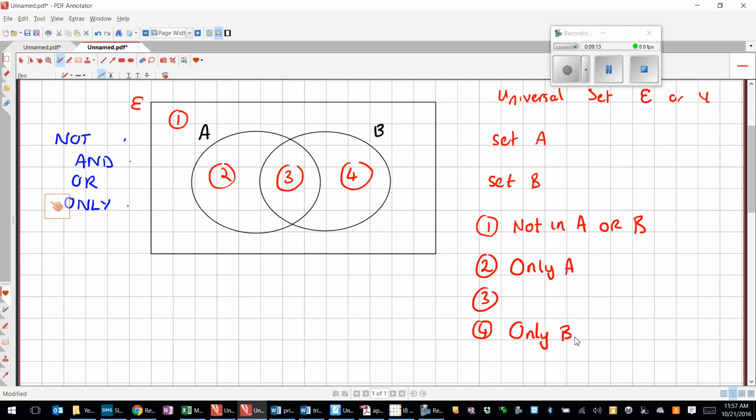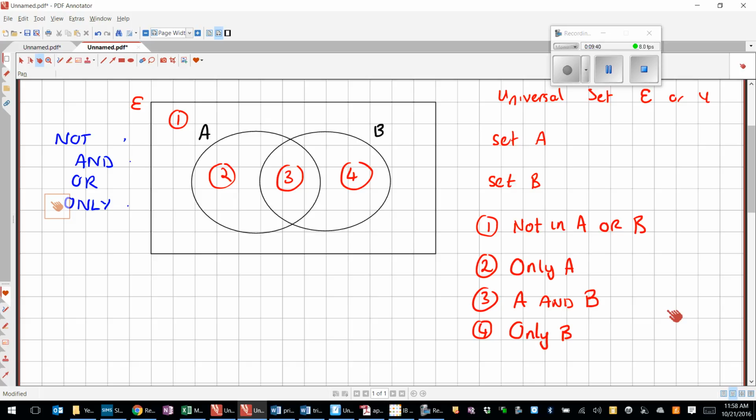Number 3 is in both A and B. So we just say A and B. For it to be in region 3, it has to be in set A and in set B. You must be in both. Okay? Must be in both.